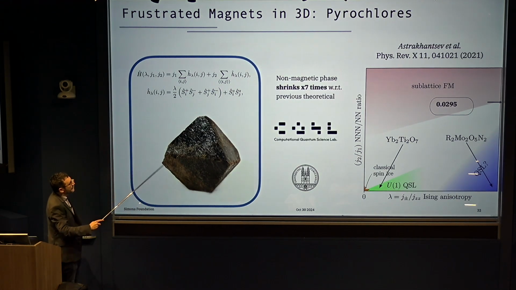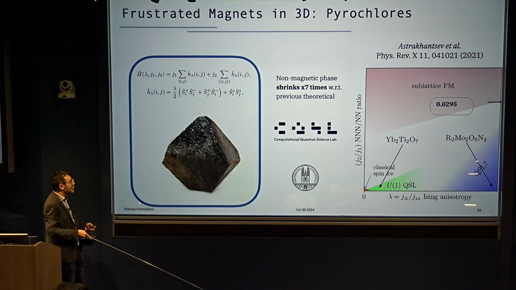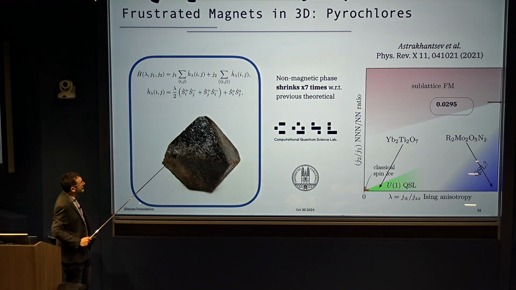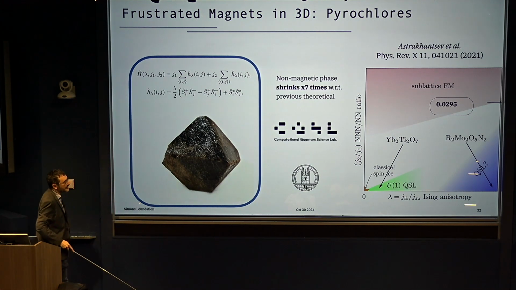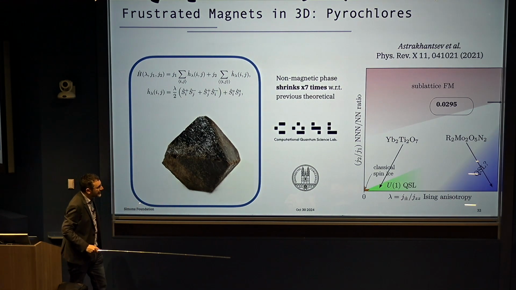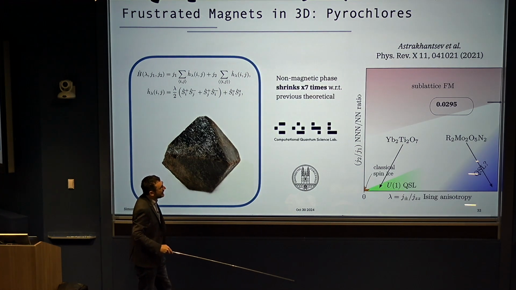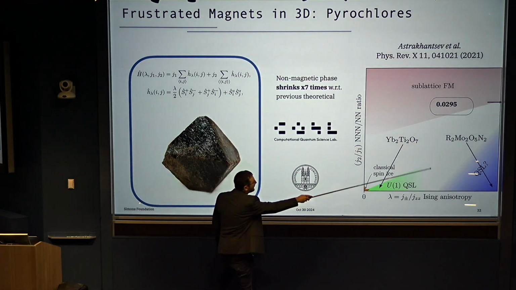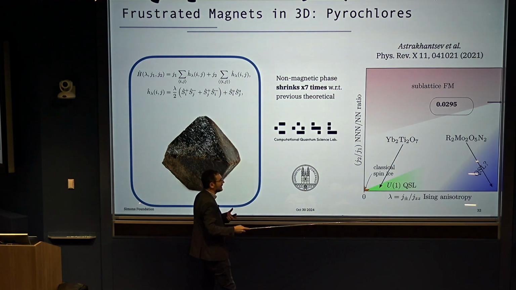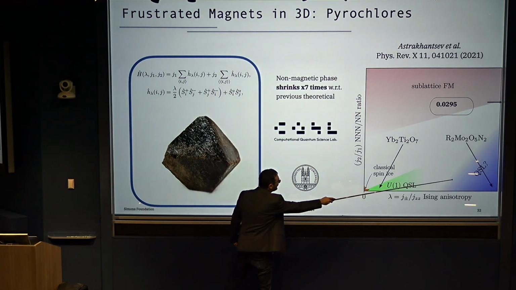And here, one of the open questions was what happens to materials that are described by the same family of Hamiltonians that I was discussing before. With the help of these machine learning-based approaches, we were able to identify a region where people were thinking there would be a non-magnetically ordered phase, a so-called quantum spin-liquid phase.